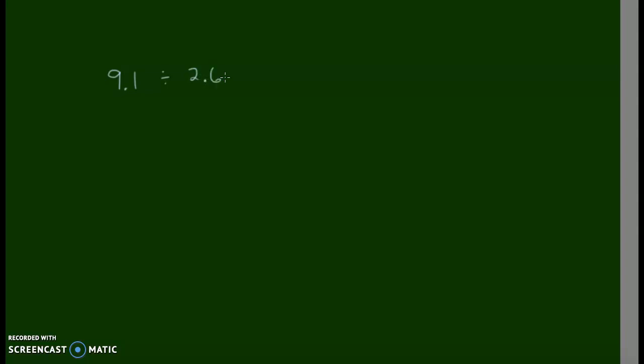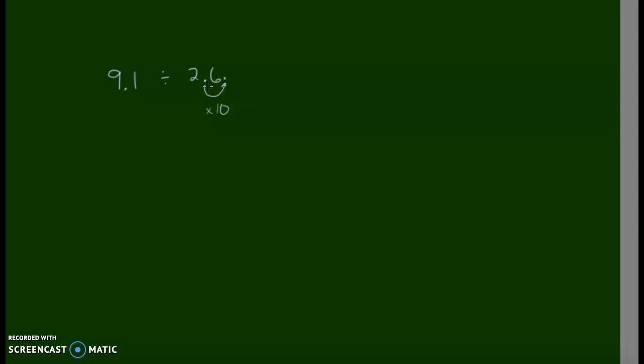In order for us to divide a decimal by a decimal, we're going to start by looking at the divisor right here. And in order to do some paper pencil division, we need to turn our divisor into a whole number. So to do that, I'm going to move the decimal one place to the right, which is the same thing as multiplying by 10.